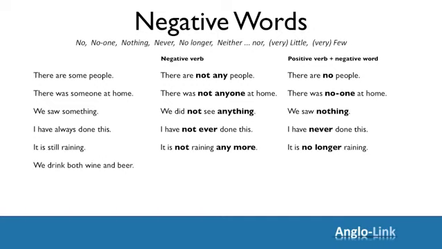We drink both wine and beer. Negative sentence. We don't drink either wine or beer. Now we can replace not either or with neither nor. We drink neither wine nor beer.